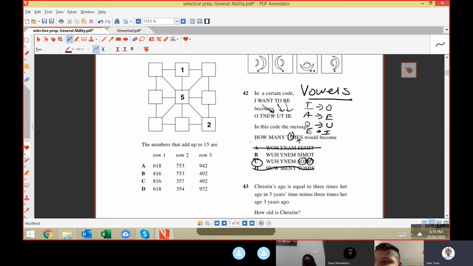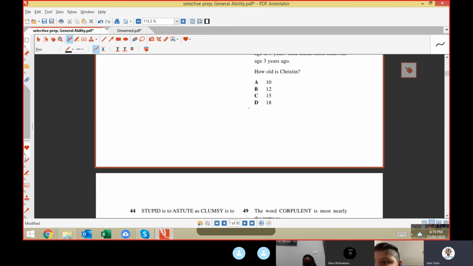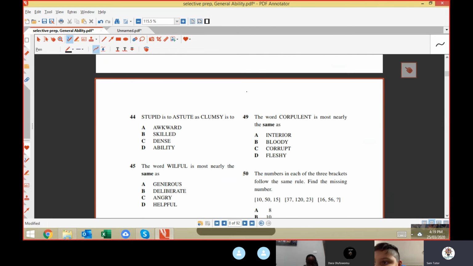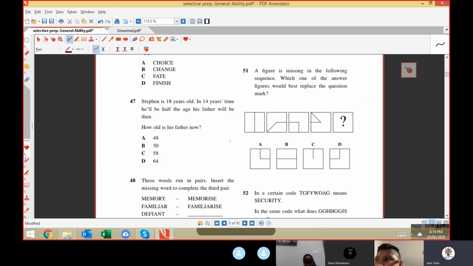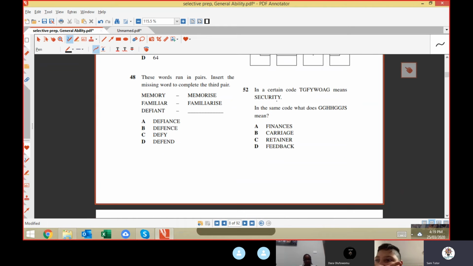All right. Let's go again. This one, in a certain code, TGFYWOAG means security. I think this is just going to be our alphabet pattern.